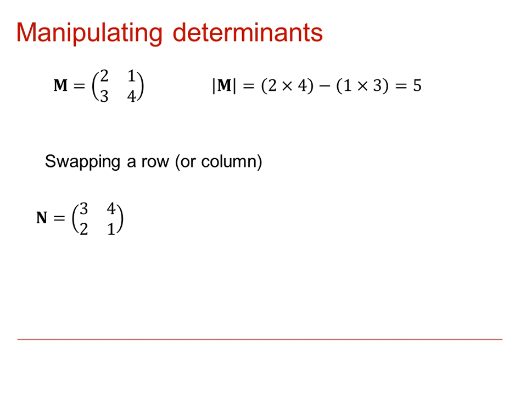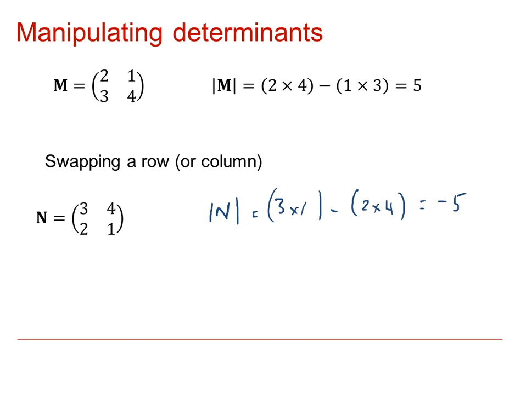This time we've swapped a row, or indeed it could be a column, and you can check for yourself that these are really equivalent. So here we've swapped the second row and the first row round. So now if we look at the determinant of this new matrix, we get 3 multiplied by 1 minus 2 multiplied by 4, which gives negative 5.